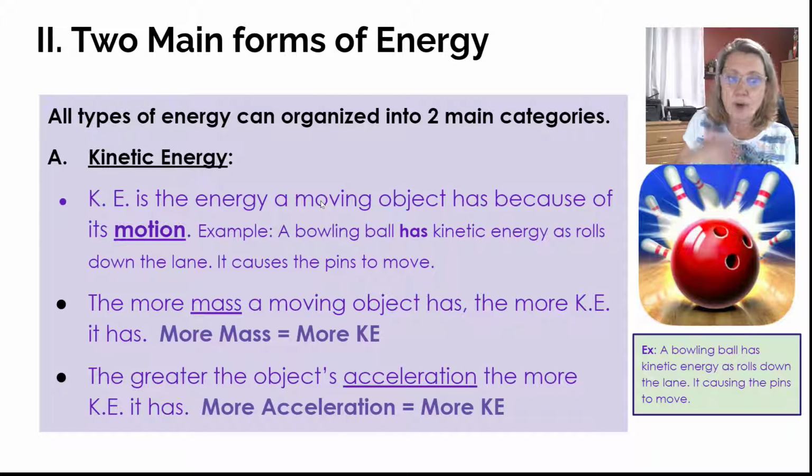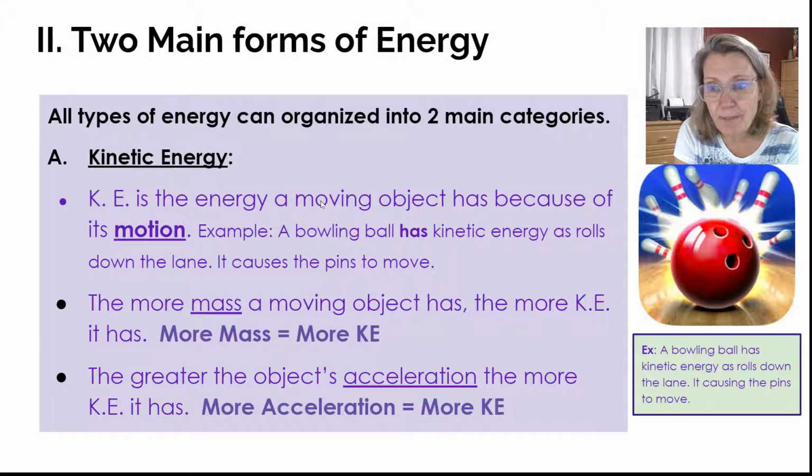So a ball that's rolling down the bowling lane has energy because it is moving. And since it is moving, if it crashes into the bowling pins at the other end, it's going to cause work to happen. It's going to cause an object to move a certain amount of distance.